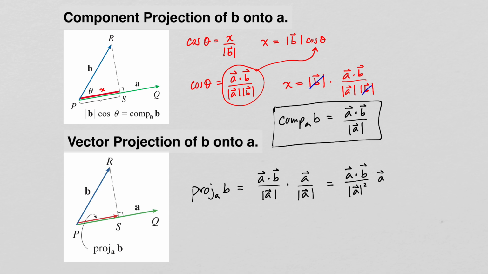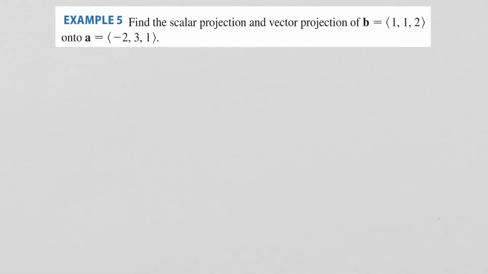Let's do an example. So in this example, we want to find the scalar projection and the vector projection of the vector B given here onto the vector A given here. So the scalar projection, also known as the component projection of B onto A, is equal to, the formula says, the dot product of A and B divided by the magnitude of vector A. And so we've got to compute the dot product.